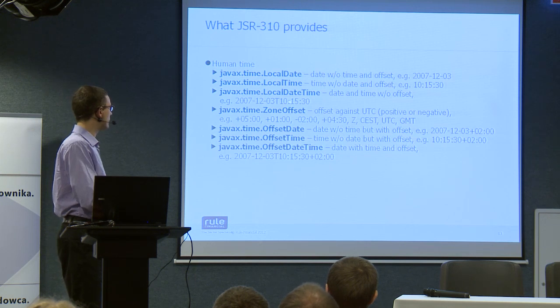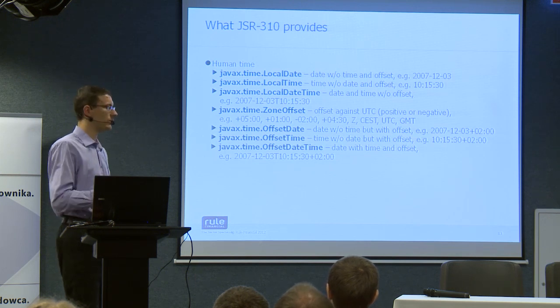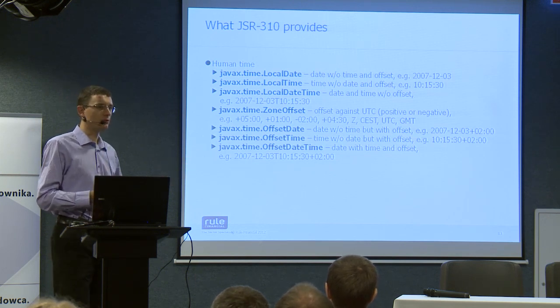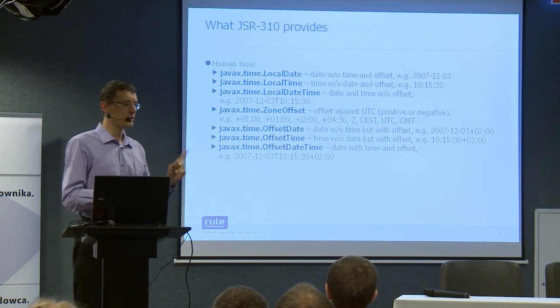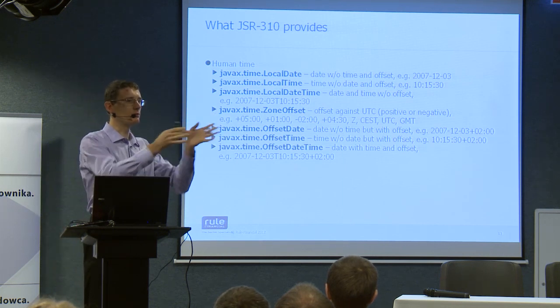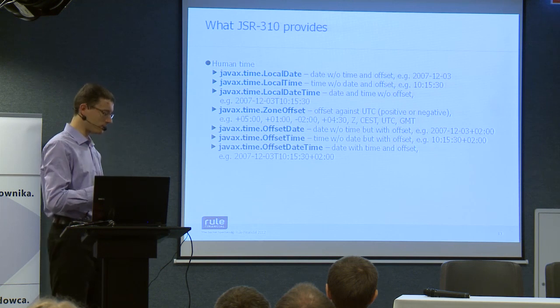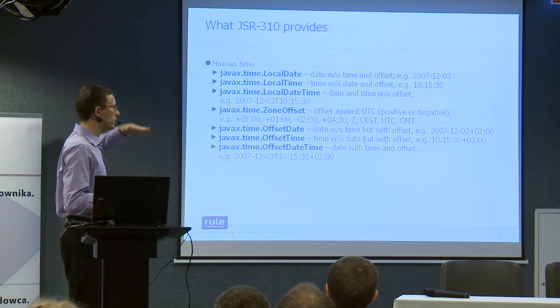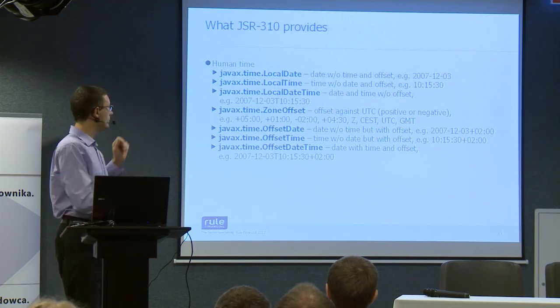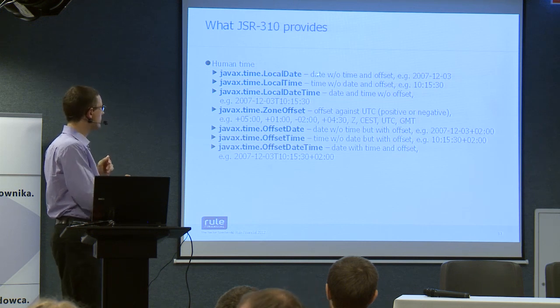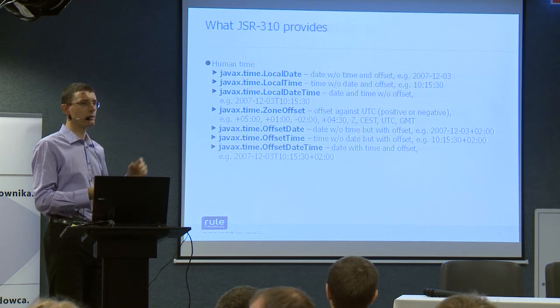So in Poland, this time was before the same time happened in London and before it happened in New York, right? So you cannot precisely map those elements onto the Instant. There is no direct mapping between LocalDateTime and the Instant from the machine time.